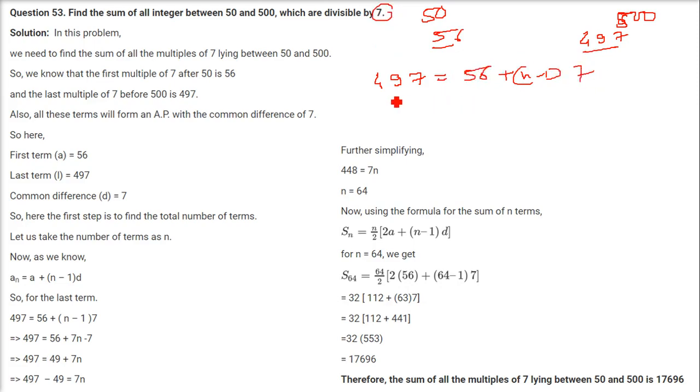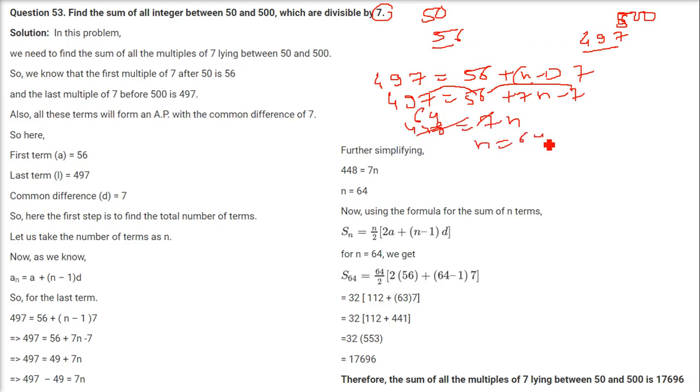So what do we get? 497 equals 56 plus 7n minus 7. 56 minus 7 is 49, and 497 minus 49 is 448. This is going to be equal to 7n. So 7n is 448. 7 6s are 42 and 7 4s are 28.